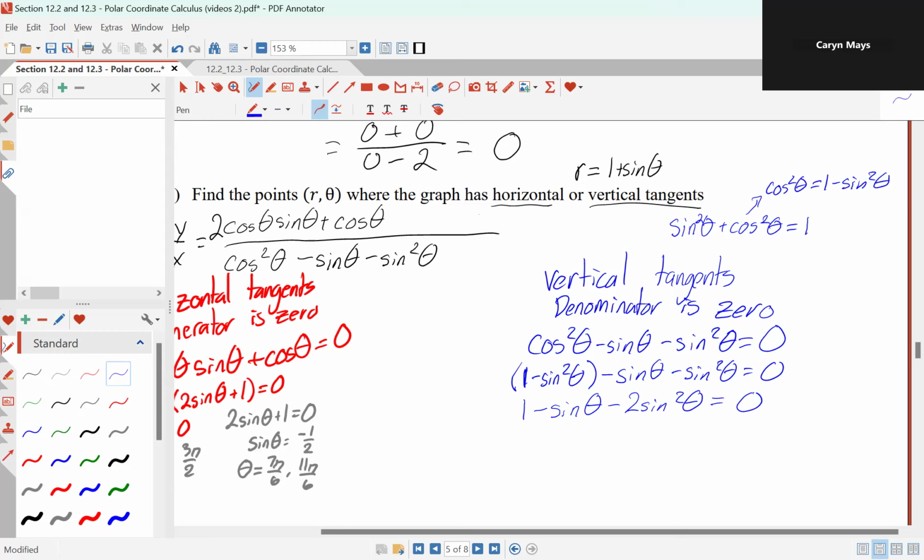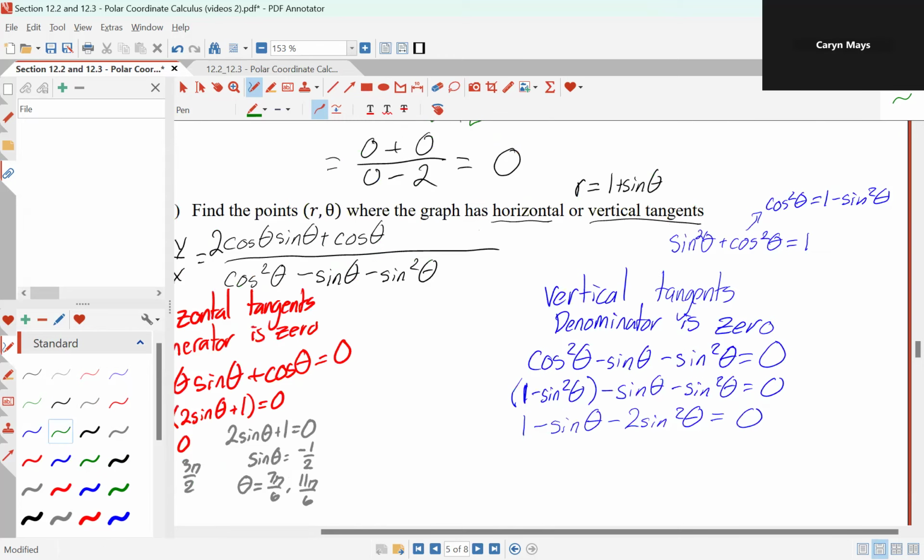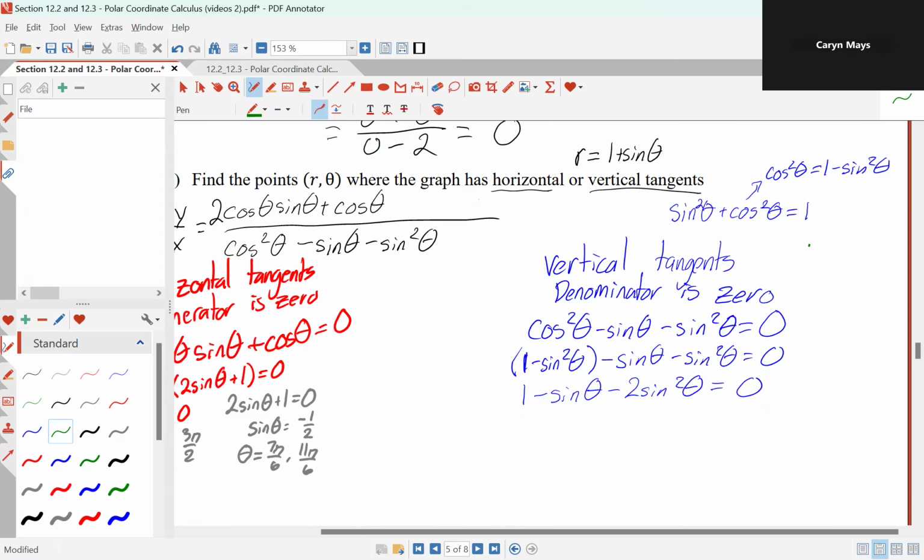This is a trinomial. We can look for if this factors. It does factor, and if you want to try the factoring yourself, think about how you would factor 1 minus x minus 2x squared.